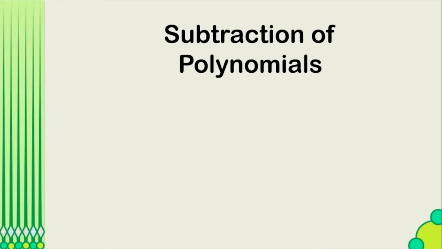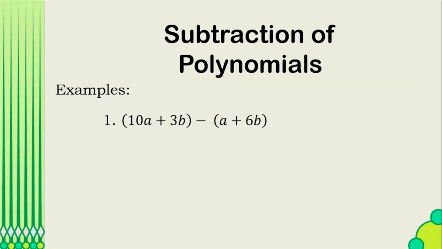Now, let's have some examples of subtraction of polynomials. Number 1, 10a plus 3b minus a plus 6b. So what is the minuend in the given expression? So we have 10a plus 3b. So copy that. Change the operation from subtraction to addition.